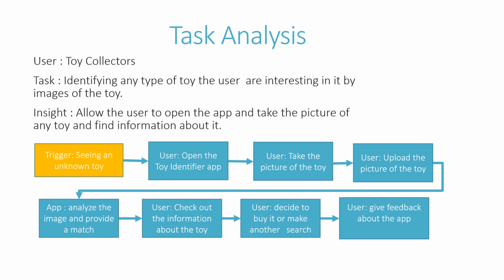The app will analyze it using image recognition algorithms, and then you're going to find a list of information about the toy related to the manufacturer, reviews, and range of prices that allows the user, in this case the toy collector, to make better decisions.